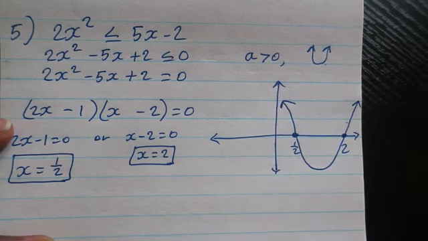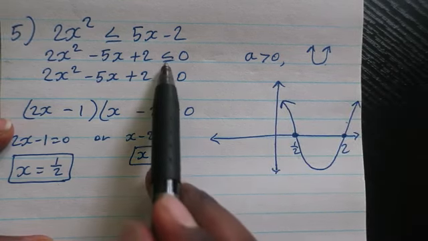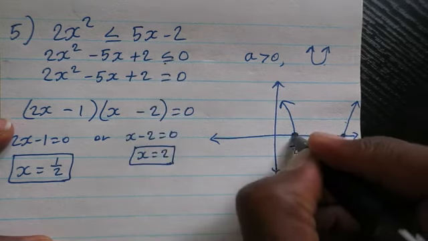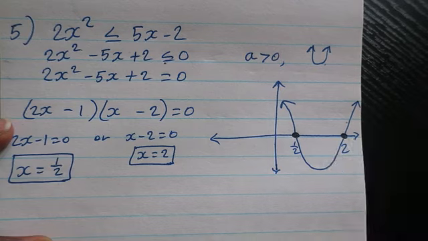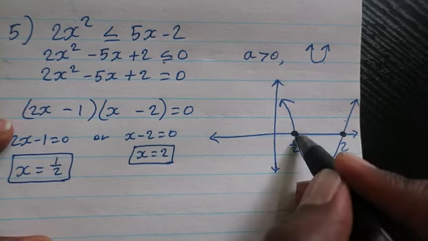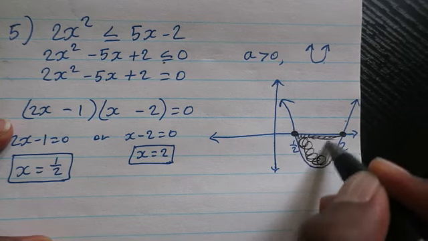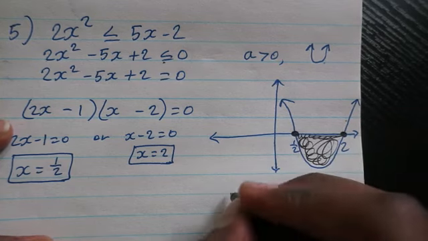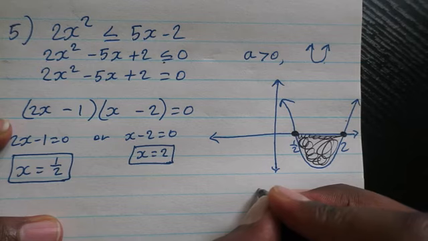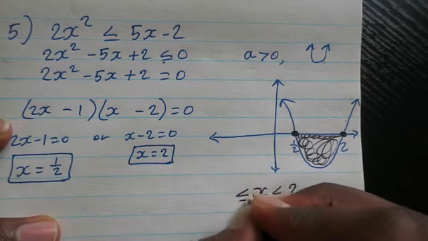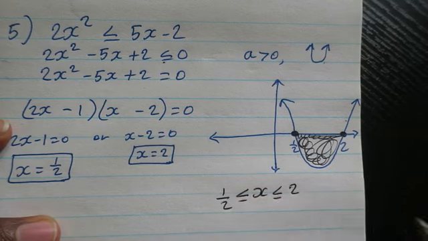Now we're interested in less than or equal to. So it's equal to at those two numbers, but it's less than for all the x values that are between those two numbers. So that means my solution would be x is less than or equal to 2, greater than or equal to 1/2.